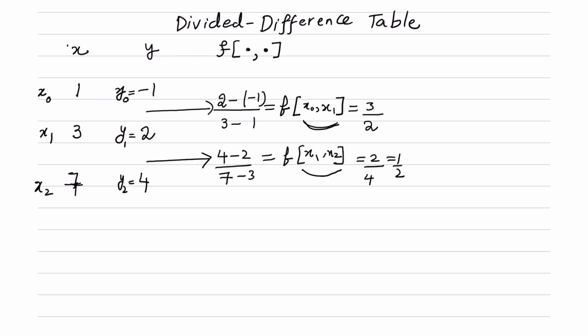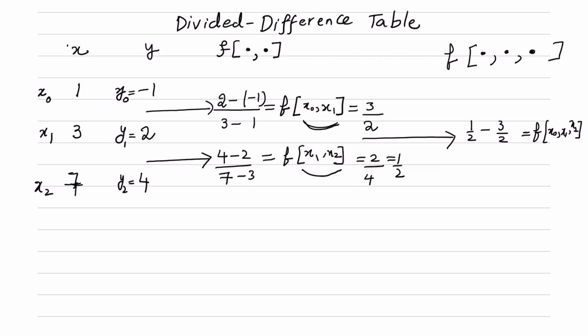Now let's calculate the fourth column, which will involve 3 x's. Since there are two values, 3 by 2 and 1 by 2, we will put an arrow between these two. Whatever we are going to get here will have a name. Let's write that name first. It will involve the first 3 x's, which are x0, x1, x2. And how shall you calculate this? Second value 1 by 2 minus the first value 3 by 2, since the arrow is between 3 by 2 and 1 by 2.